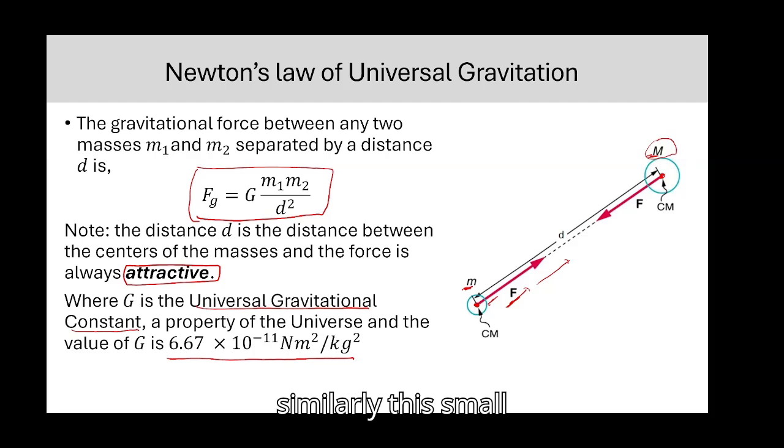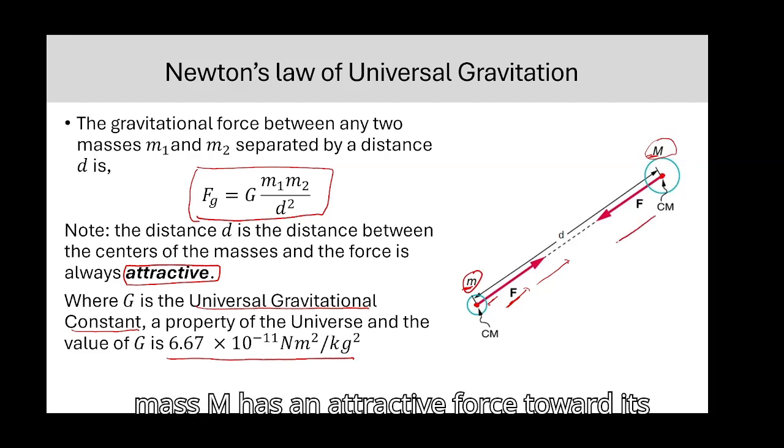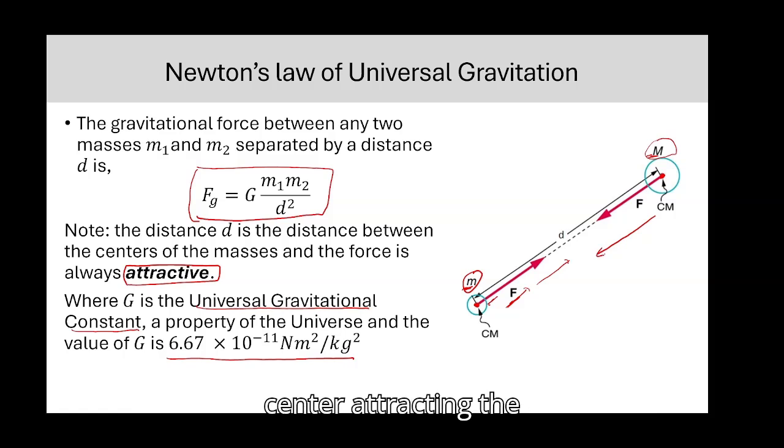Similarly, the small mass m has an attractive force toward its center, attracting the mass capital M. So the gravitational force is always attractive, and the distance we are interested in is the distance between the centers of two objects.